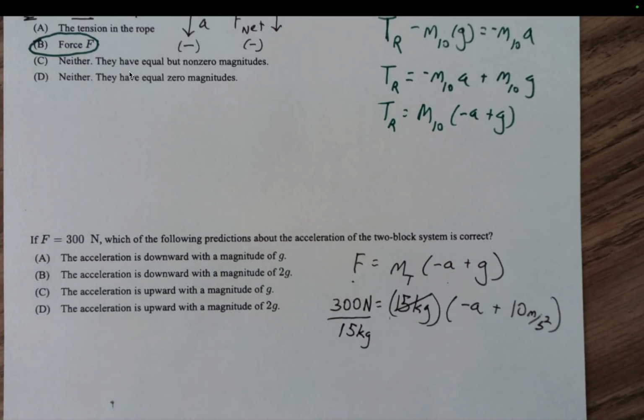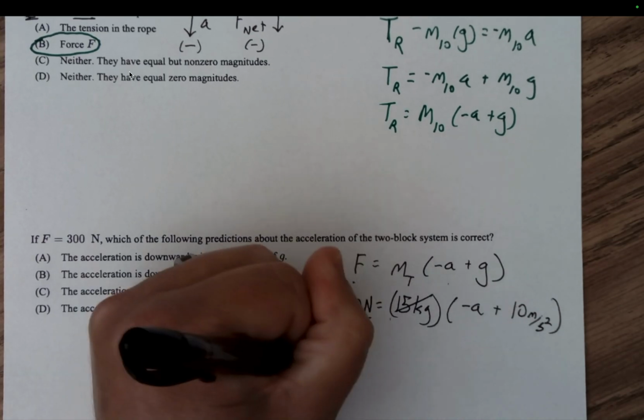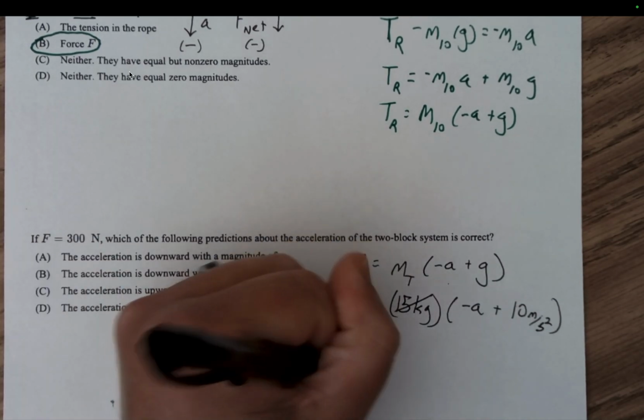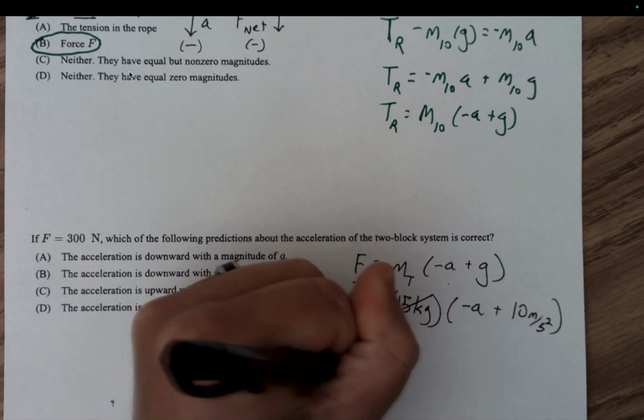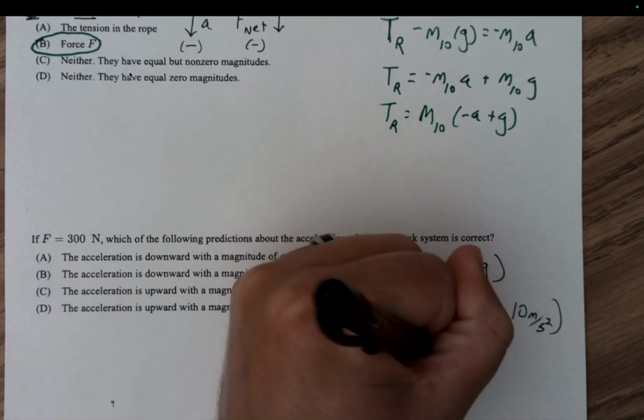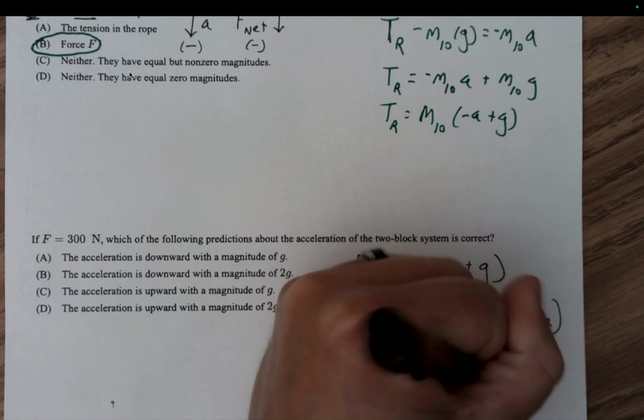300 divided by 15 is 20. 20 meters per second squared is going to equal this negative A plus 10 meters per second squared.